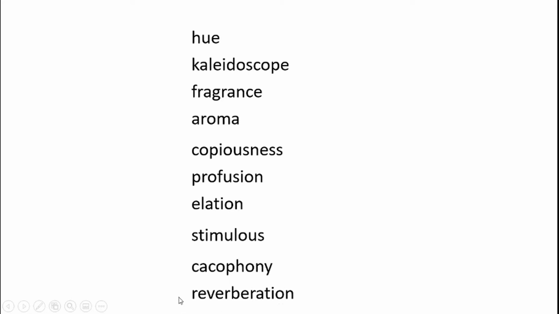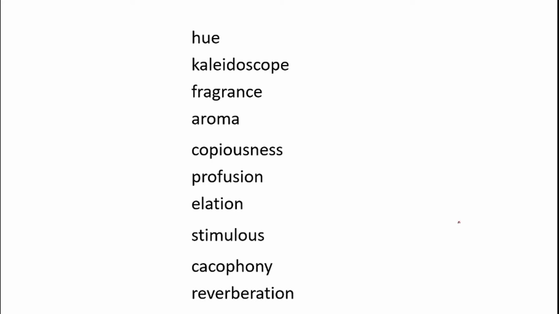And one thing you'll find is that all of these words are things that will help you with your descriptive writing. So next week, once we start writing, you'll find that these are words that you'll be able to use in your writing in their various forms.